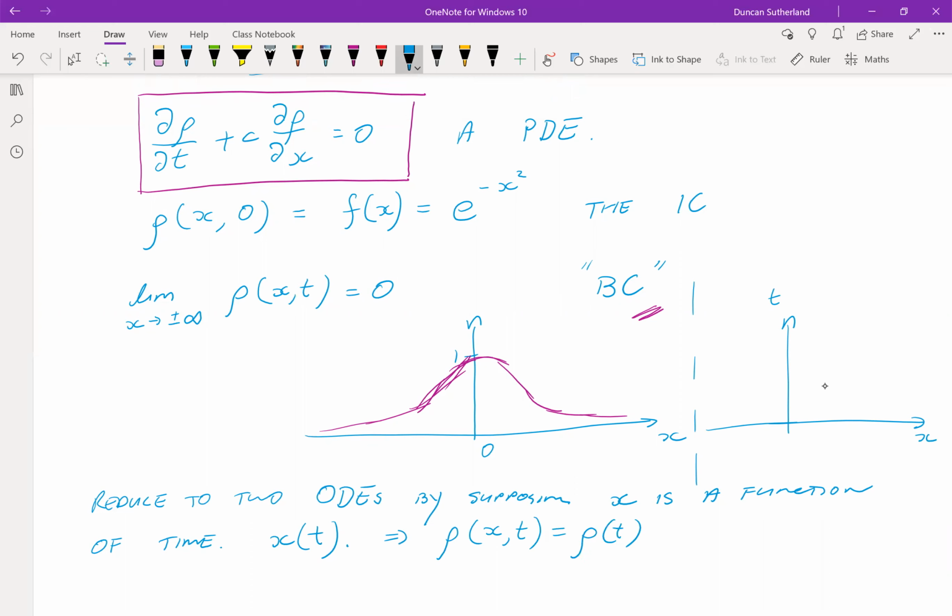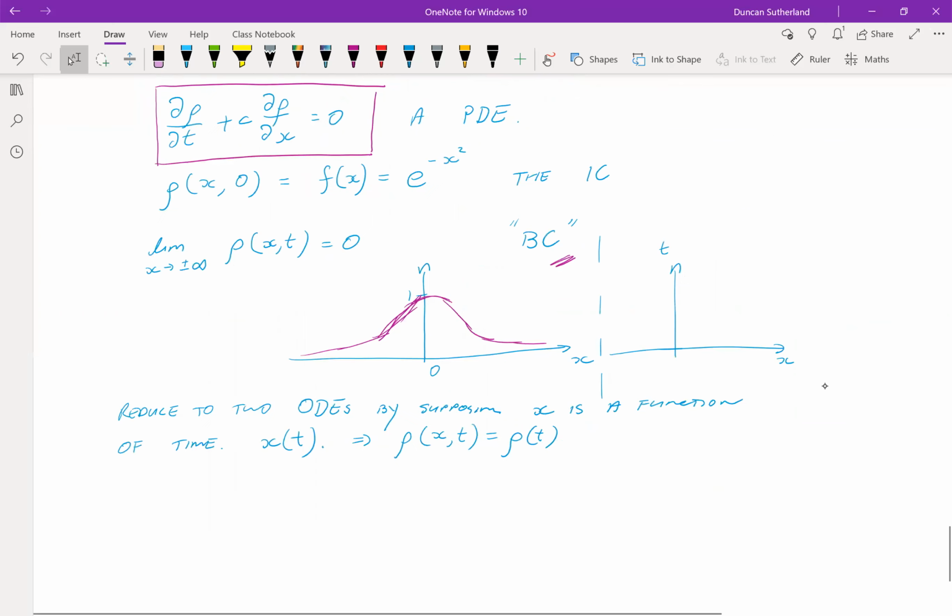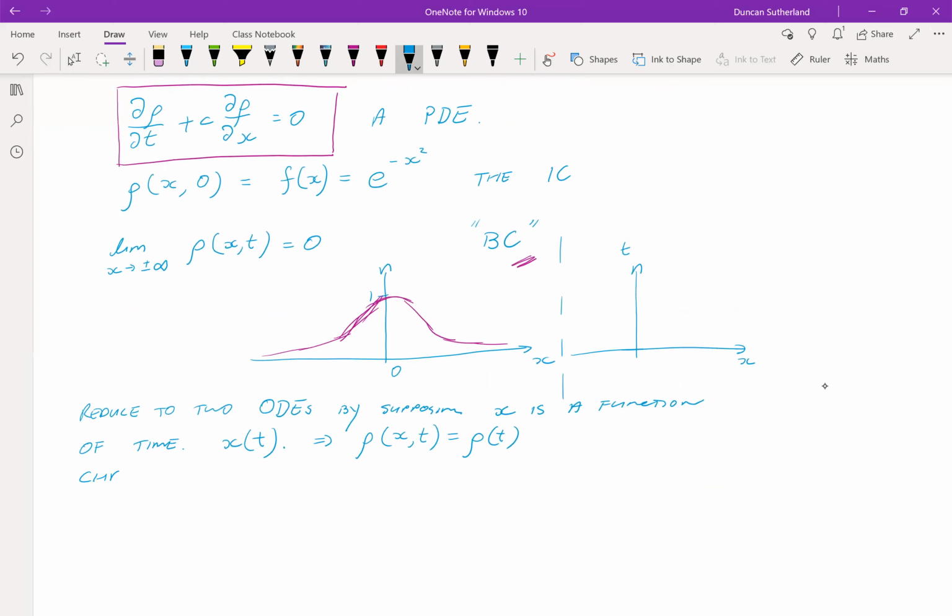And we can use the chain rule to evaluate the total derivative.